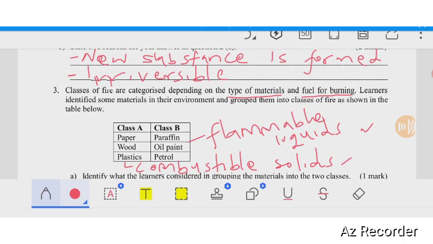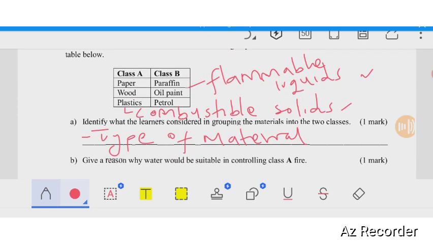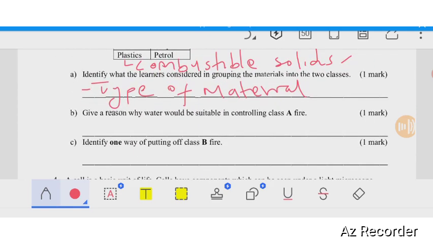So that means the learners based on type of material when categorizing or grouping those materials into classes of fire. So give reason for your answer.